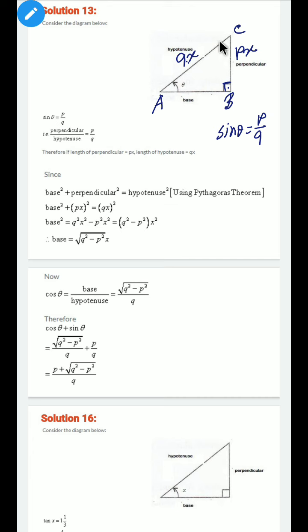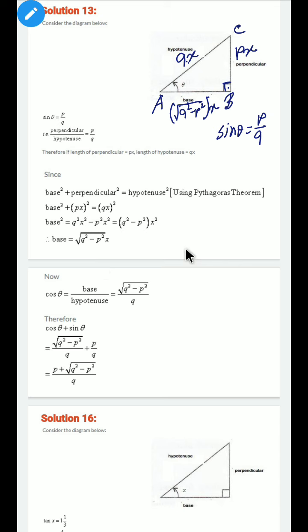Perpendicular and hypotenuse are given, you have to find out the value of the base. Again you have to use the Pythagoras theorem. From the Pythagoras theorem you can easily find the base, that is root over q square minus p square into x.